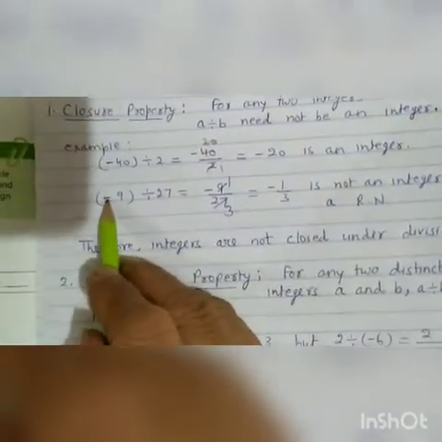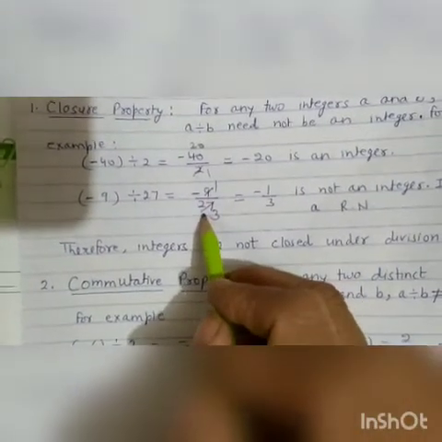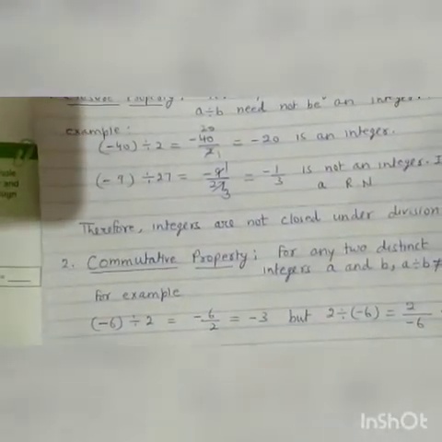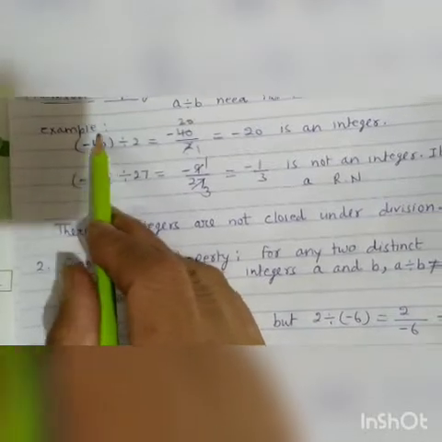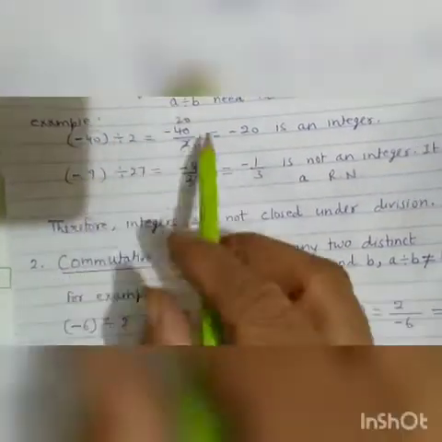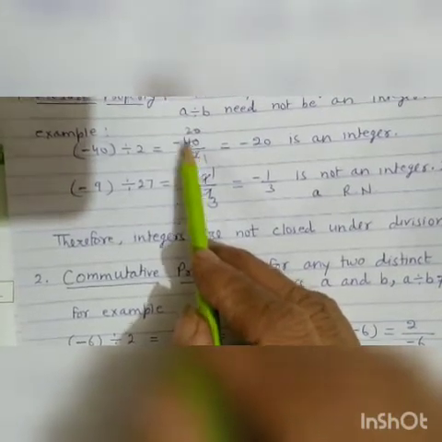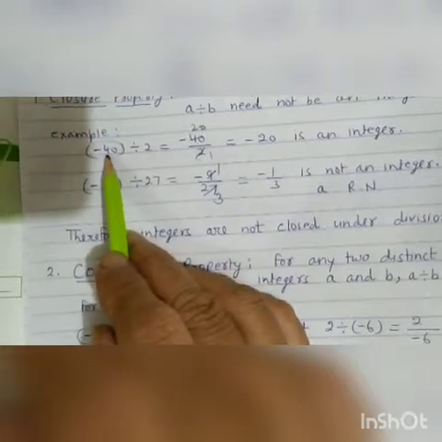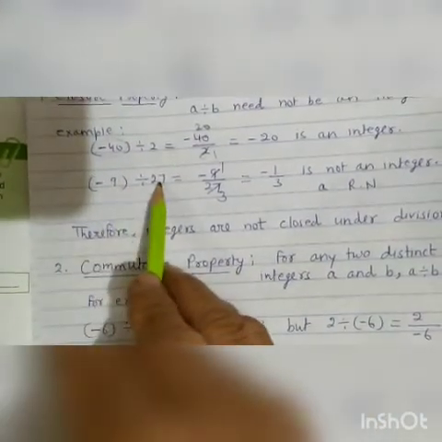But if we divide minus 9 by 27, minus 9 upon 27, students always remember that when we divide two integers, the first integer is always written as a numerator, whether it is smaller or greater. Here it is greater than this integer, but here it is smaller than this integer.